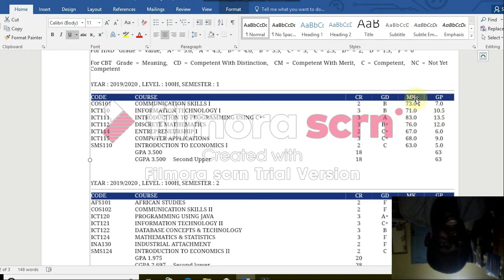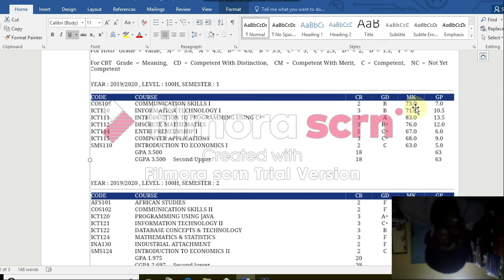Over here, you can see MK, which stands for the marks, as we explained. This is telling you that in Communication Skills 1, the person had 73, meaning after the mid-sem, the end of sem, the quizzes, and the assignments, the person had 73 as his or her marks.